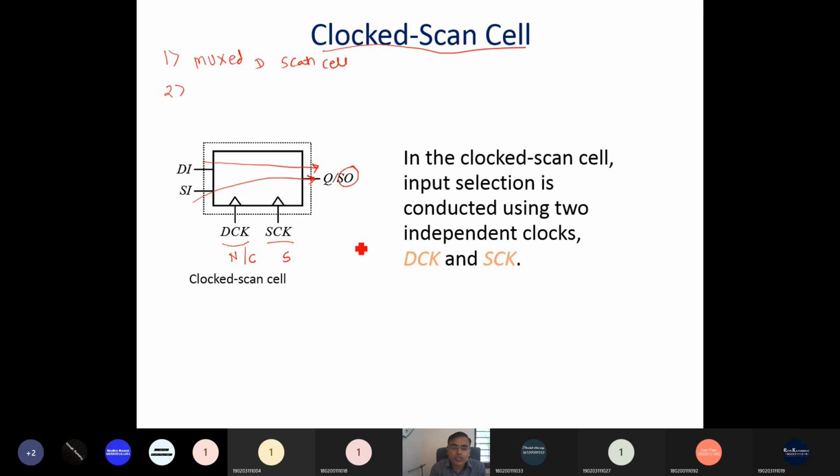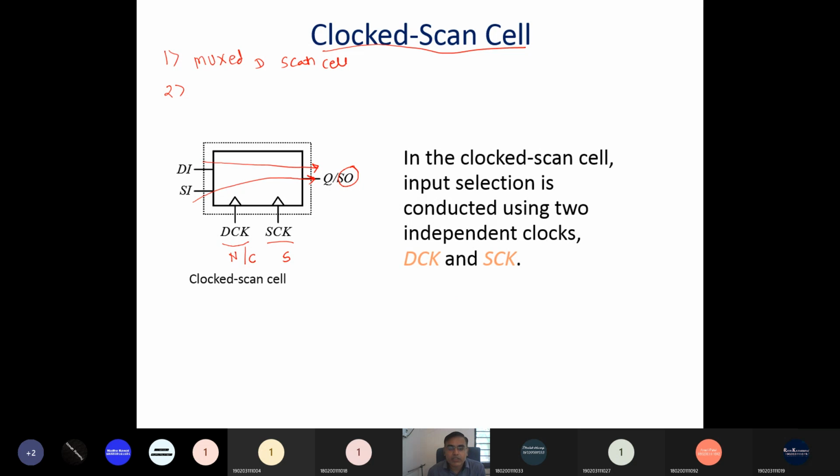So first we have to capture the internal node logic data through the data clock, and then it is shifted, as all the clocked scan cells are connected in a chain that forms a shift register. So the data is shifted out. So this is the structure of a clocked scan cell and how it works.